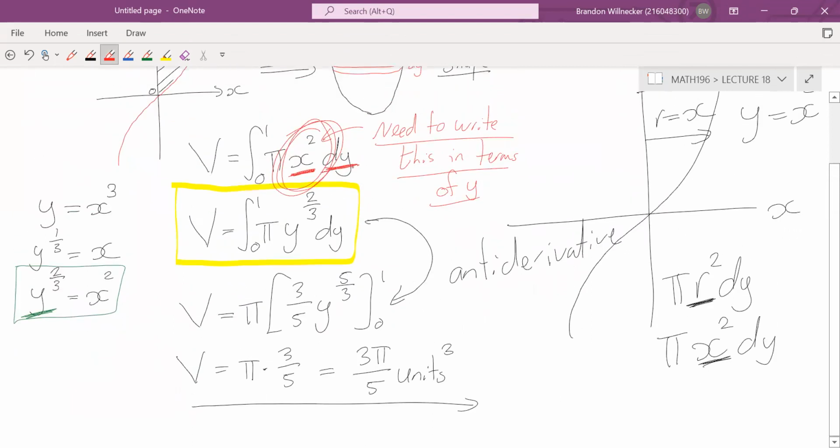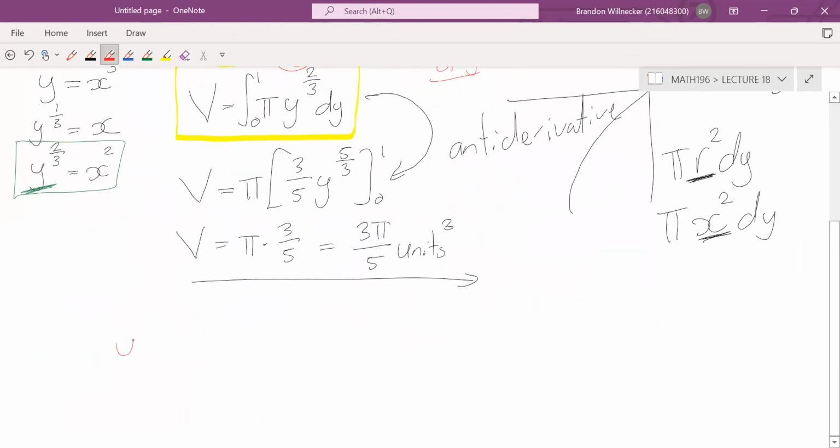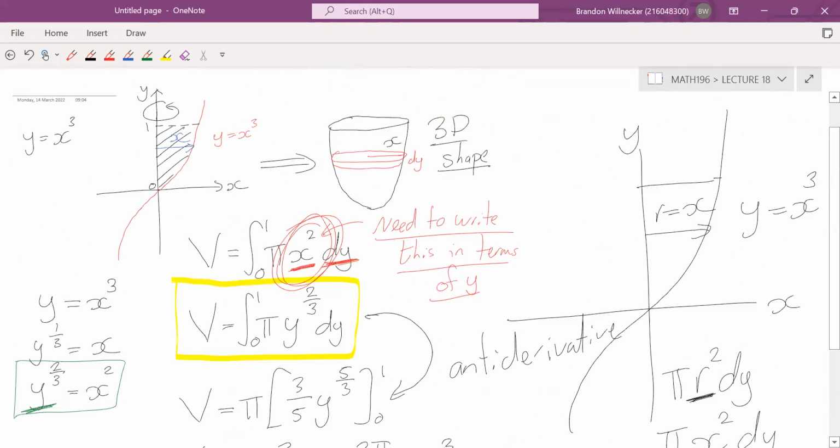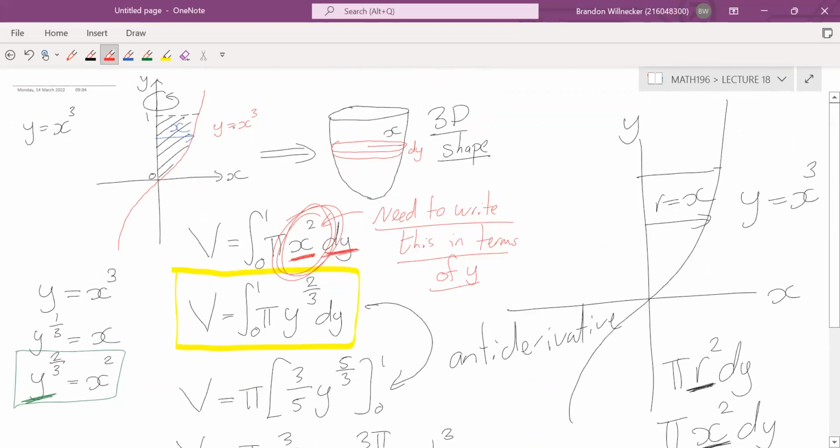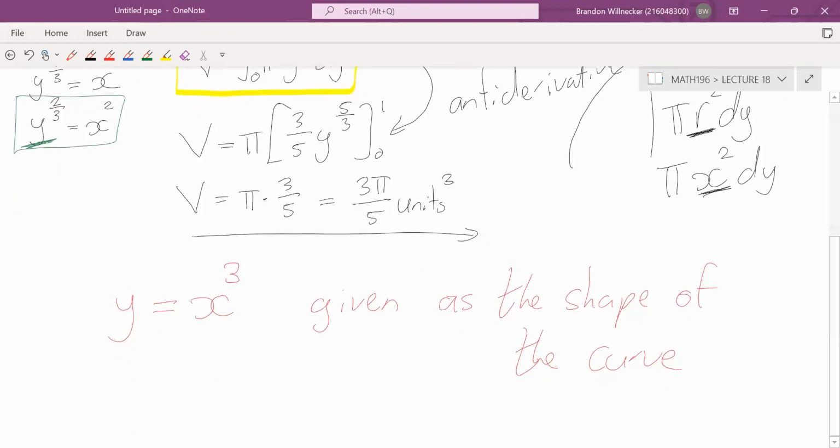Remember we want it in terms of y. So y is equal to x cubed. This is given as the shape. That's given to us in the question. What we want is x squared, so that we can substitute in here.